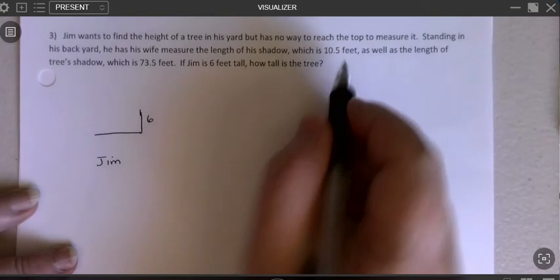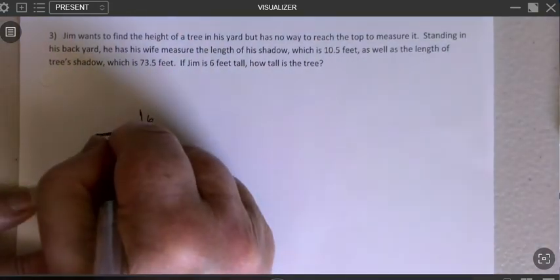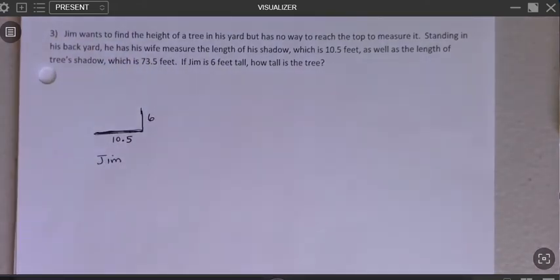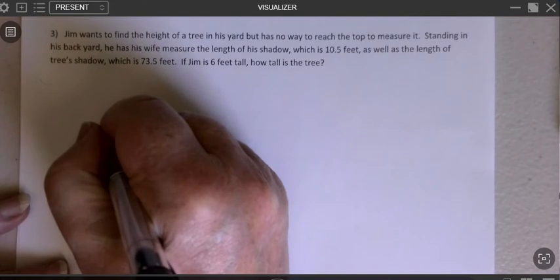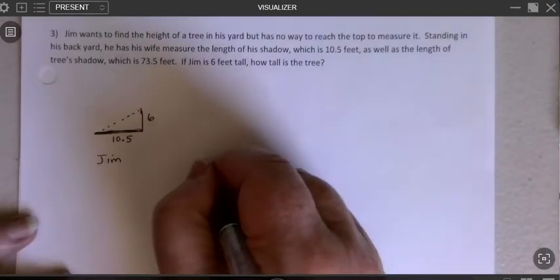And his shadow here, so this is the shadow he's casting, is 10.5 feet. Now, I'm going to draw a dotted line here. It's not a true, physical thing, but it does complete a triangle, so I can start to think about similar triangles. Let's do the same thing with the tree.